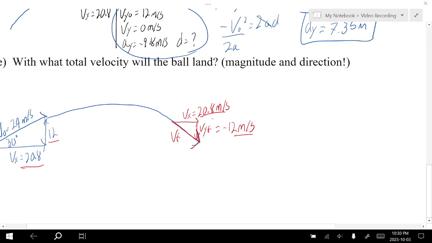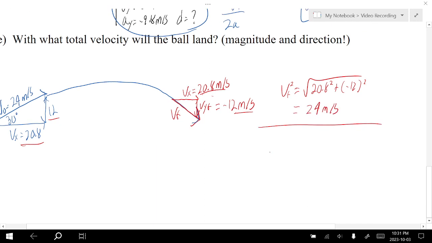If we find Vf by saying Vf squared equals 20.8 squared plus negative 12 squared, we will find that it is, of course, 24 meters per second, the same as the initial velocity.